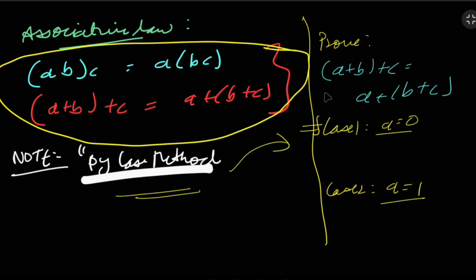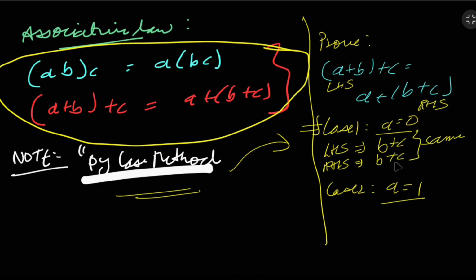Let's call it LHS and this one as RHS. In case 1, LHS is B plus C, RHS is B plus C. They are same. These two expressions are same. LHS equals to 1.